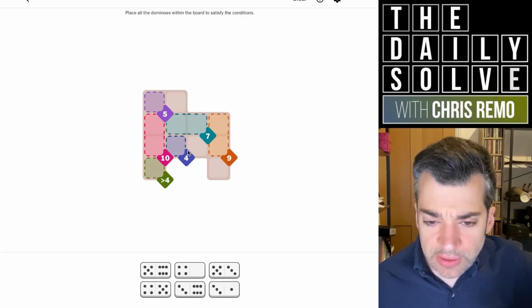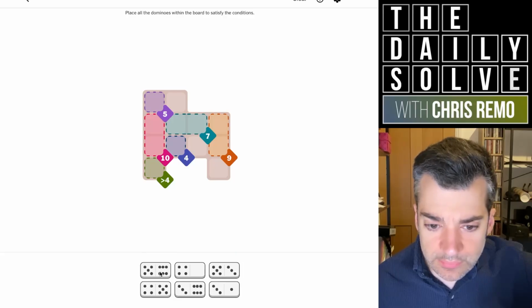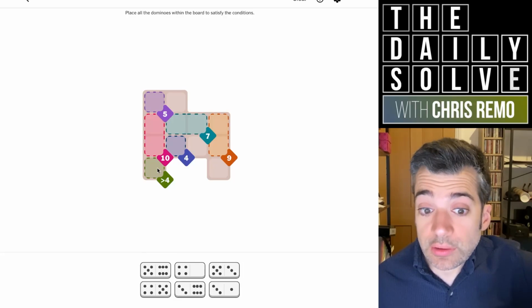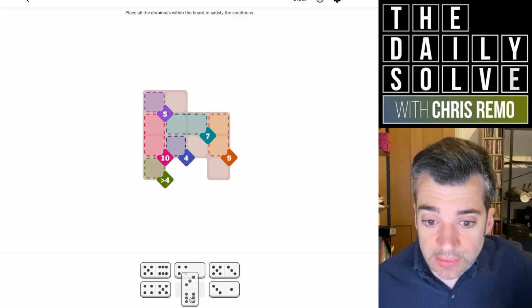Maybe they are 3s, because I do find 3s have been difficult to get into these bits. I'm not really sure how to think about this well. So if it were blank 3, 1, the greater than 4 would need to be 6, not 5. That's interesting. And it couldn't be the 6, 3, because then we couldn't make the 10.